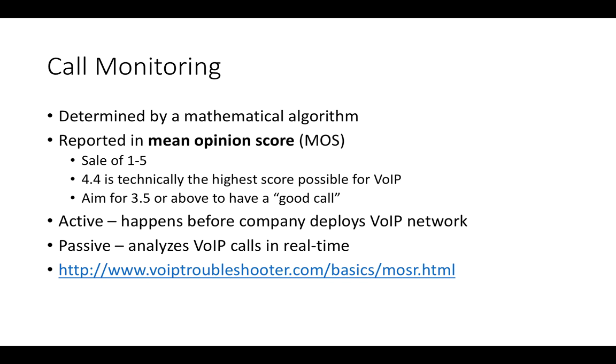If you think about that, basically anytime I take a voice, run it through a codec, put it on the network, transmit it, do all of that stuff, there's some loss that's going to happen with that. So 4.4 is usually the best you can get, but they say anything above 3.5 or better is a good call. Now, call monitoring happens in 2 different ways. It's either active, it was done before the network was spun up, before the users were handed their phones, or passive, where we're actually watching those phone calls in real time.